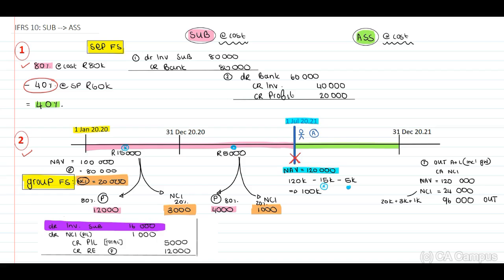Right. What do we receive? What do we need to include? We still have the 40%, which is the associate portion. They've indicated to us that this is at fair value of 60,000 because the selling price, guys, was 60,000. Okay. Then we have what?